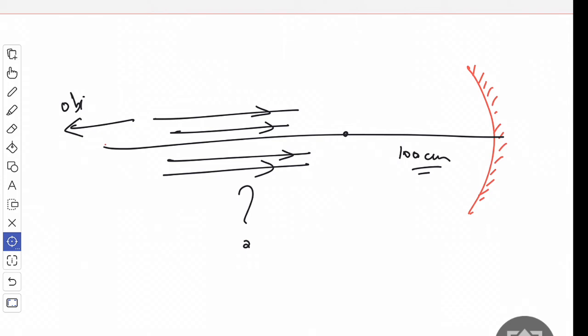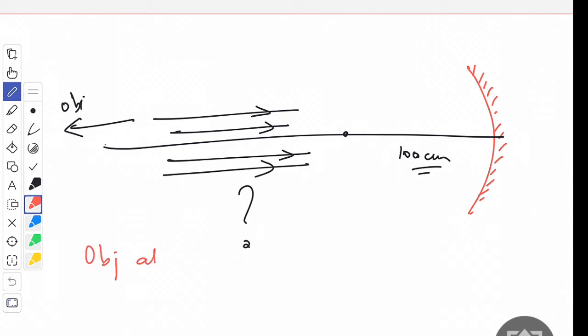So when you say infinity, it doesn't mean it has to be farther away than the sun, moon, and Jupiter and all that. It just means that the object distance is much greater than the radius of curvature. So let me write this: object at infinity.